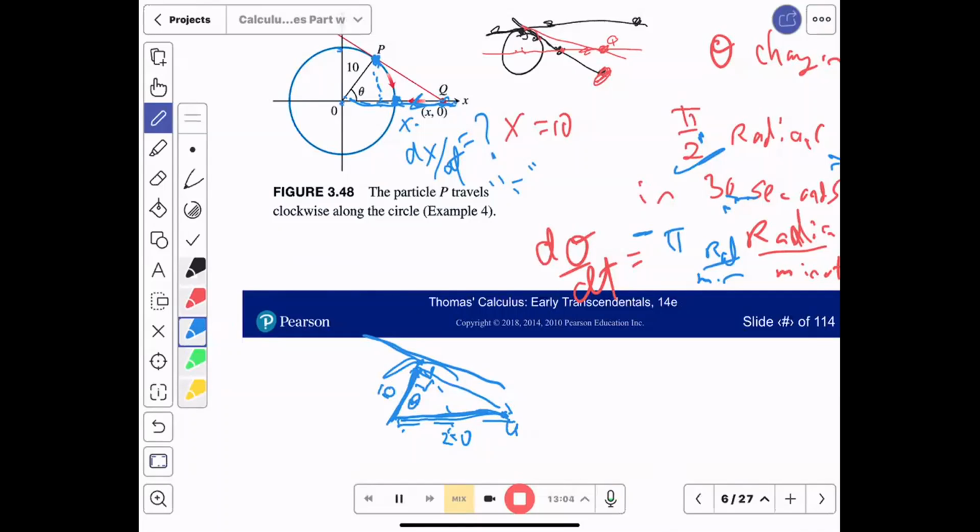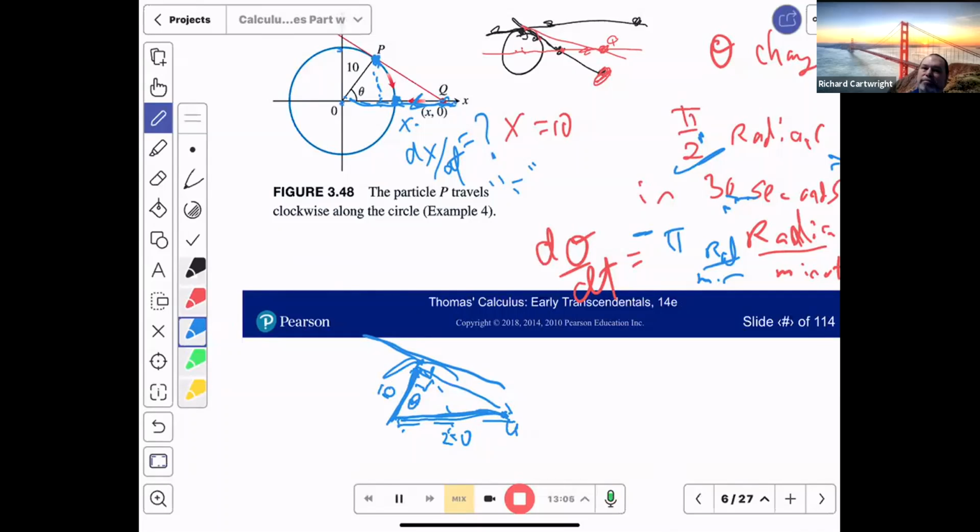Pythagorean theorem. But Pythagorean theorem doesn't use an angle. Well, it does if you use law of cosines, but we're not using law of cosines. So I would probably try to be simpler. You have to use the angle. And without getting complicated with law of cosines, let's just talk about what else is left. It's a right triangle.